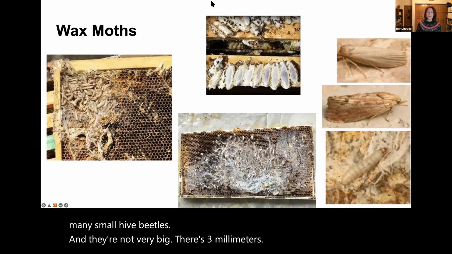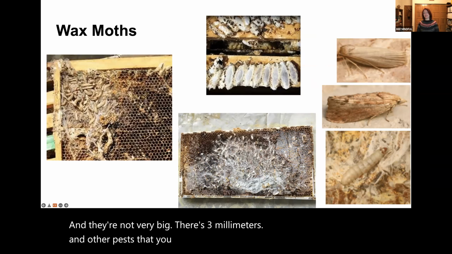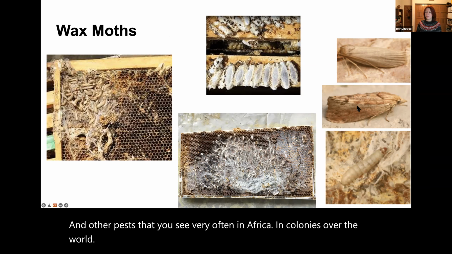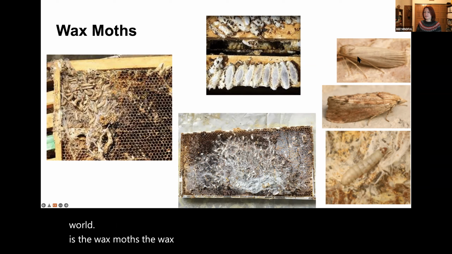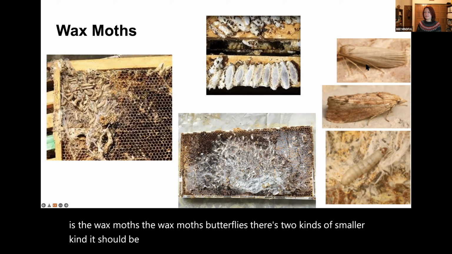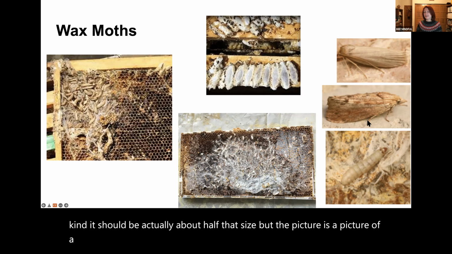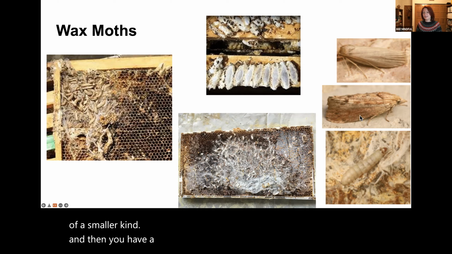Another pest that you see very often in Africa and in the colonies over the world is the wax moths, the wax moth butterflies. There's 2 kinds. There's a smaller kind. It should be actually about half that size, but the picture is a picture of a smaller kind. And then you have a larger kind, the lesser wax moth and the greater wax moth.